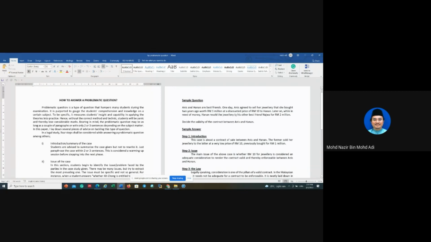This is an example of a problematic question, which is very short. In the final exam it might be longer than this. So usually, how do you know whether it is a direct or a problematic question? Usually, a problematic question would have a scenario, and the sentences are much longer compared to direct questions.